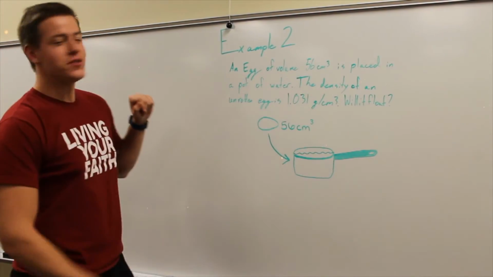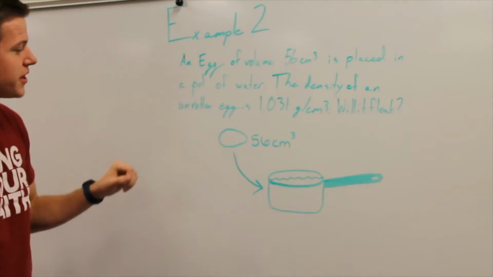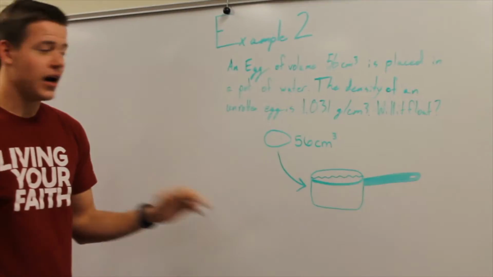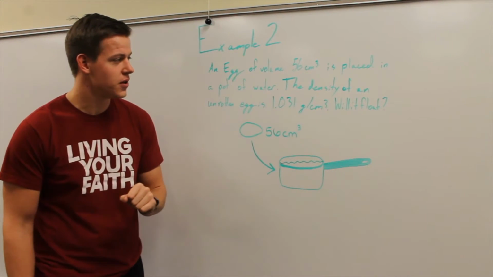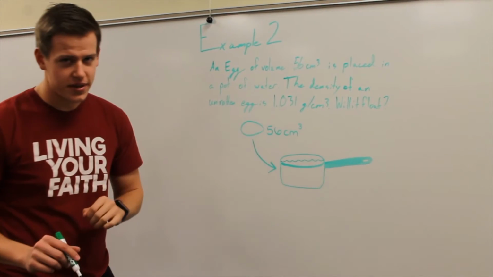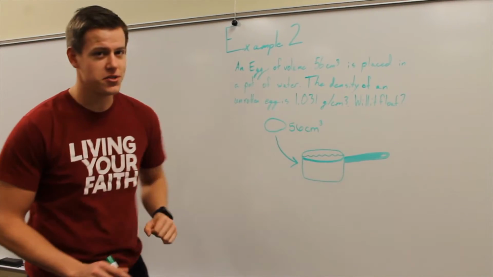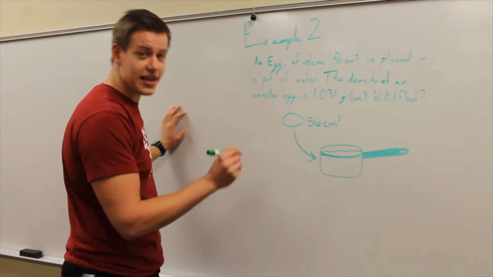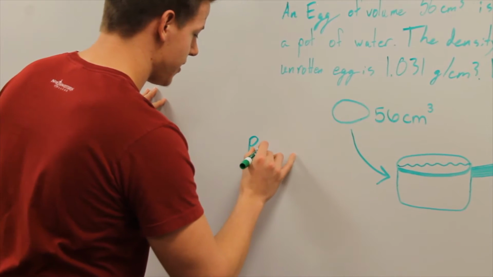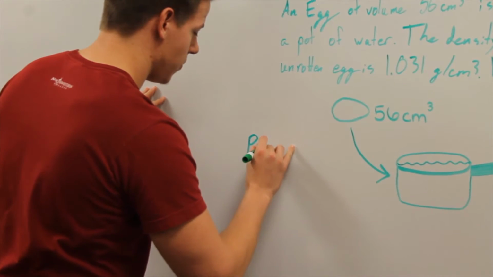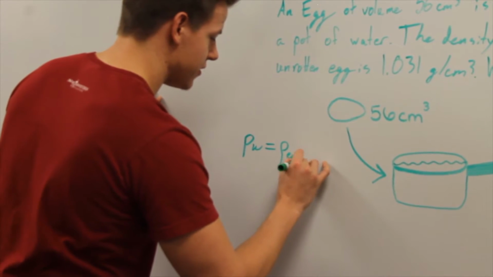Example number 2. So we have an egg, volume of 56 centimeters cubed, and we place it in a pot of water. The density of an unrotten egg is 1.031 grams per centimeter cubed. Will this float? Now you might be thinking that we'll have to go through that whole process that we did for example number 1, but it's much simpler than that. Since we were given the density of our egg, we can simply compare the density of water to the density of our egg.